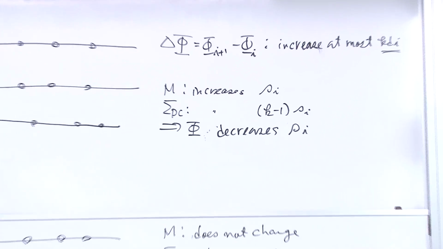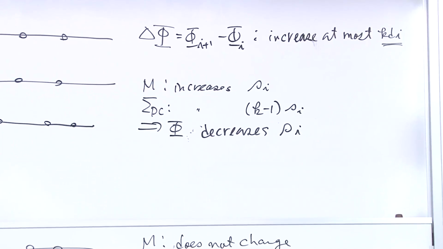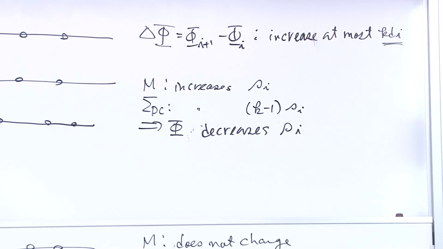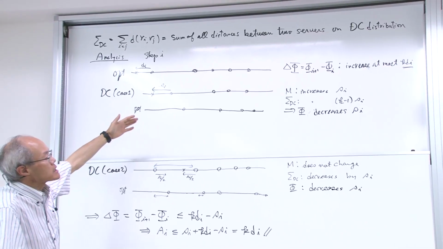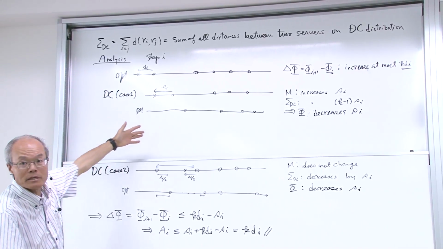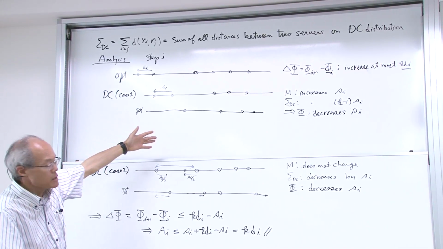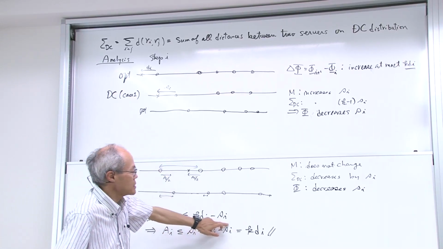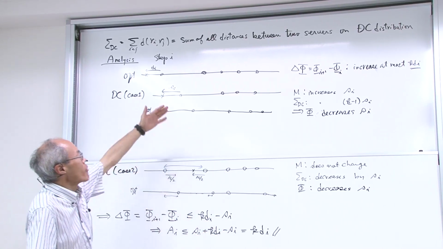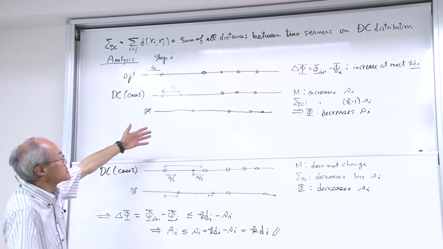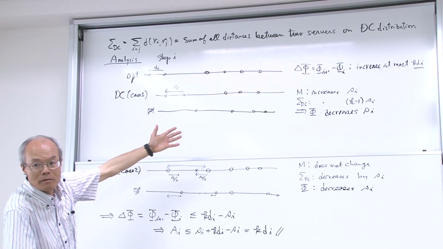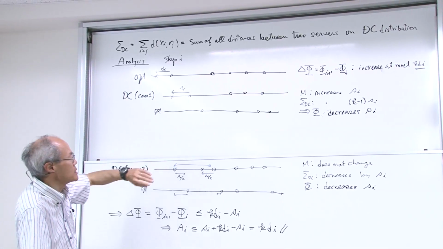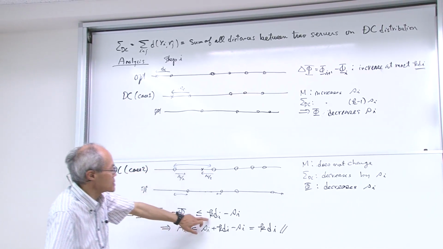Delta phi increases at most k d_i by the movement of opt, and decreases s_i by the movement of DC. So this is correct. In both cases, phi decreases by s_i by the movement of DC.